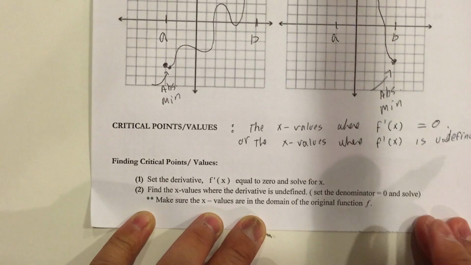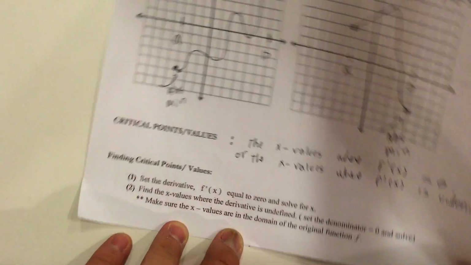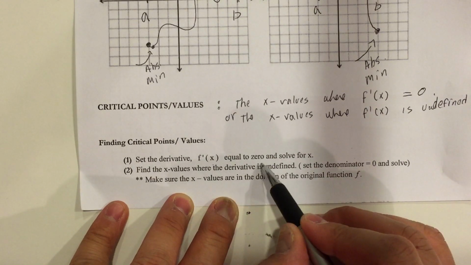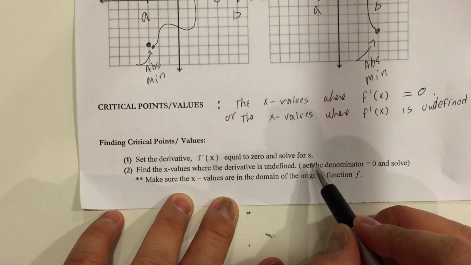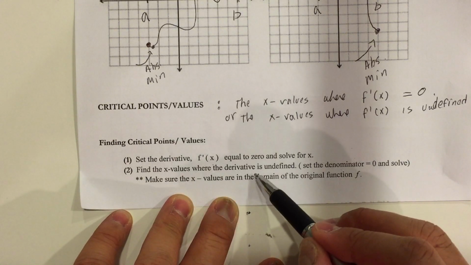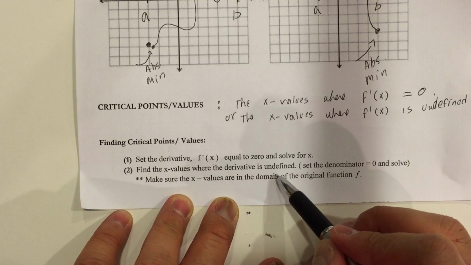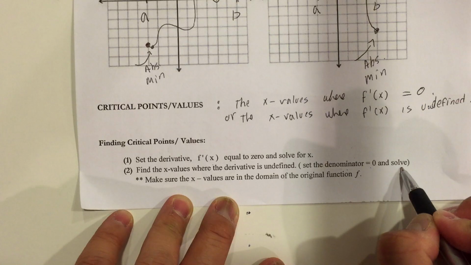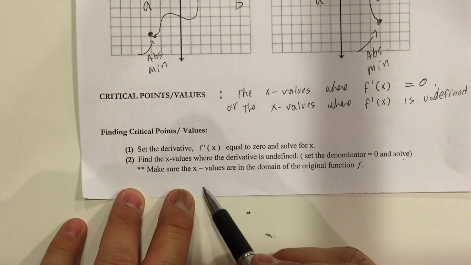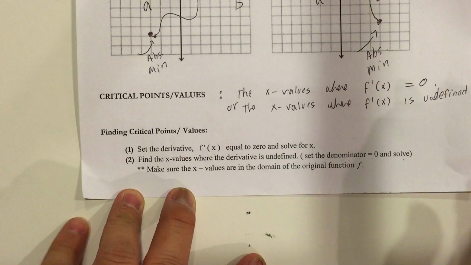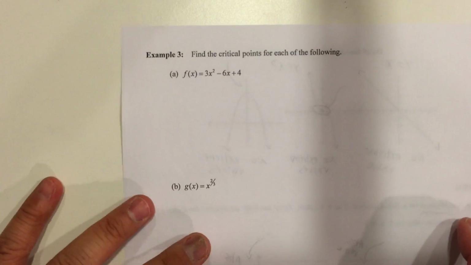So if you're looking for critical points, we need to set the derivative equal to 0 and solve for x. It's one of the options. Or we find the x values where the derivative is undefined, and that's usually setting the denominator equal to 0 and solving. Okay? Make sure that the x values are in the domain of the original function. So let's go ahead and find some critical points here.